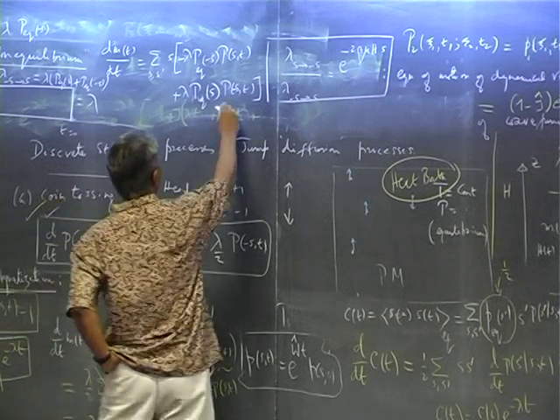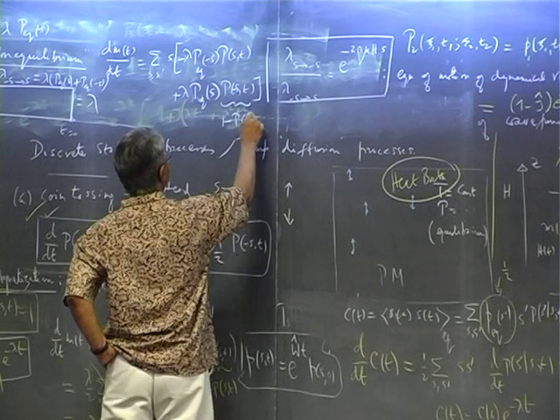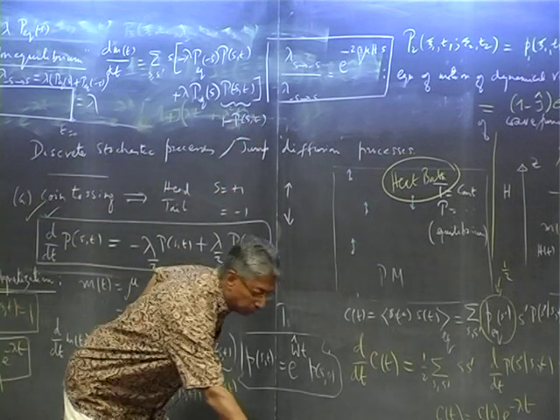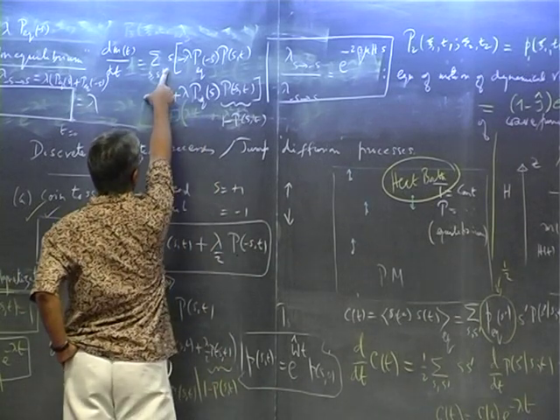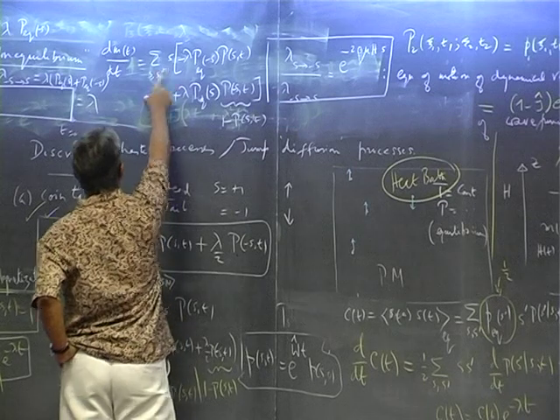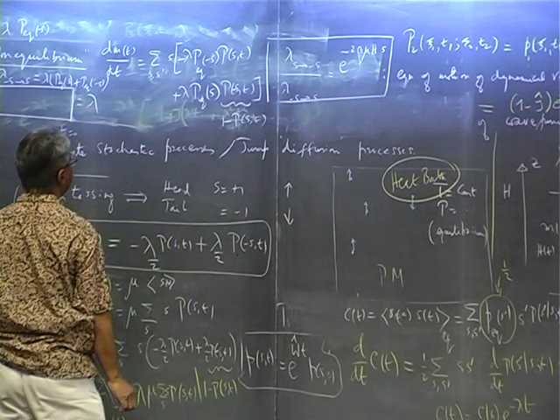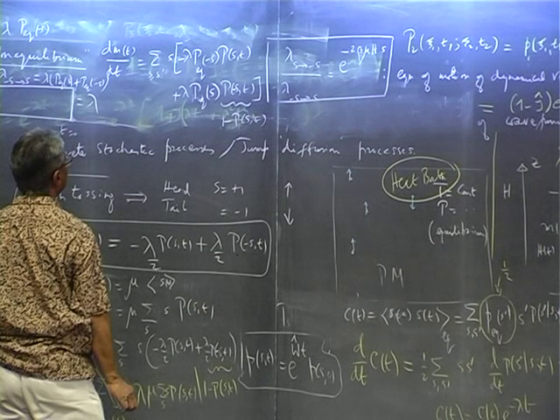But again, you use the conservation that P minus s of t is 1 minus P_s of t, and therefore the first term will be this summation over s, which goes off to 0.